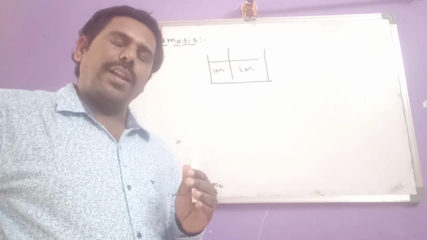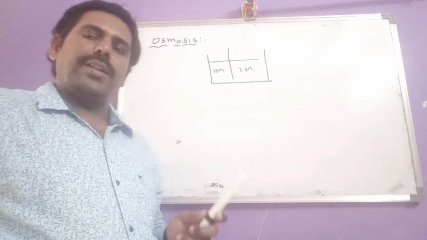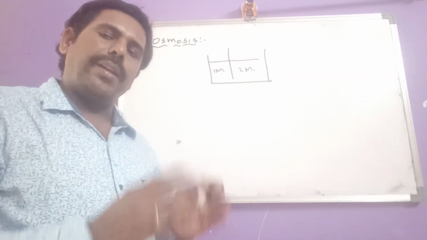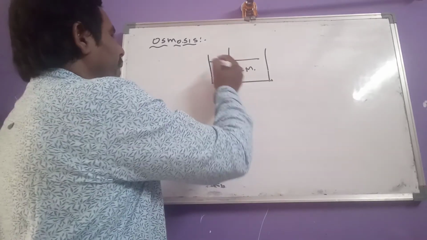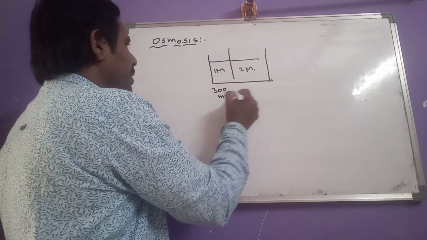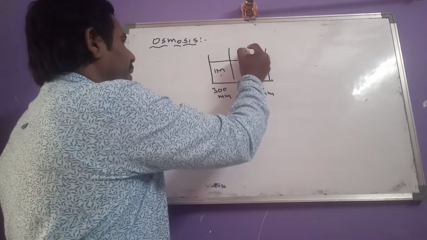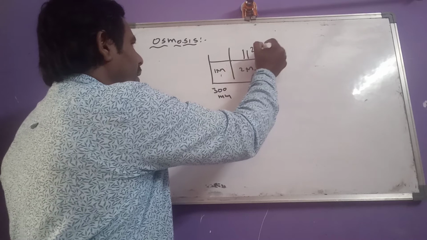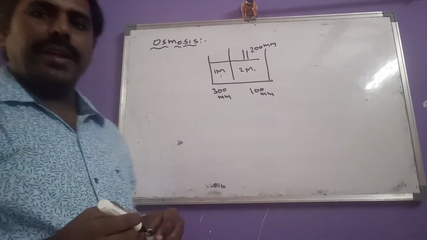The flow of solvent from lower to higher concentration through a semi-permeable membrane is known as osmosis. That is the mandatory thing here. Now, for example, this side is 300 mm of pressure and here 100 mm of pressure, but if you apply 200 mm of pressure, now both pressures will become equal.